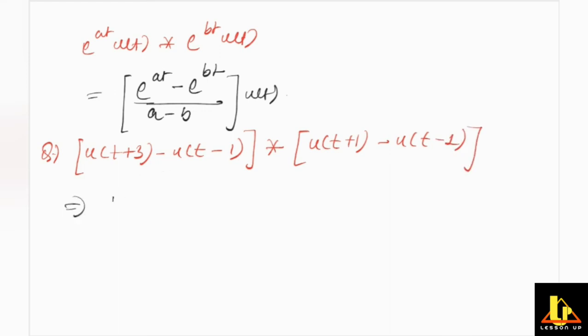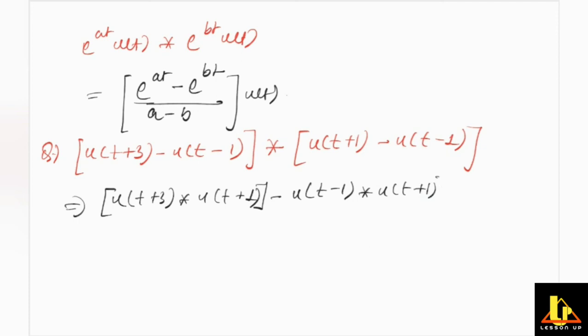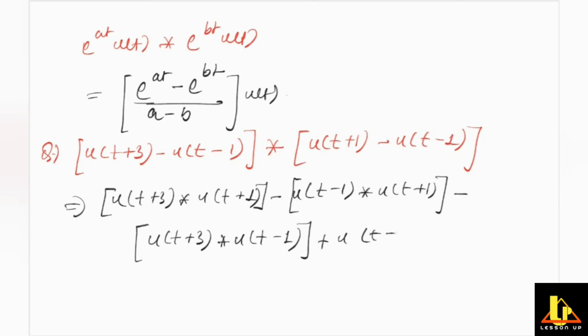See, with the distributive property, this will be u of t plus 3 convolution u of t plus 1, minus u of t minus 1 convolution u of t plus 1, minus u of t plus 3 convolution u of t minus 1, plus u of t minus 1 convolution u of t minus 1.